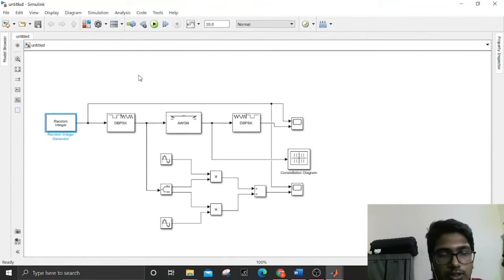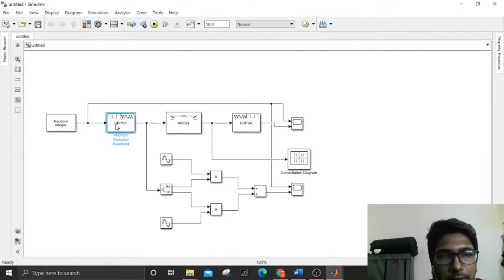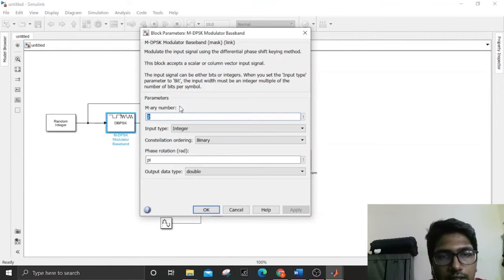Before we run the simulation, we need to set the values for each block. For instance, for random integer block, we need to set the set size as 2 that's stated in our assignment. For DBPSK, the M-array number will follow the set size, and the input type is integer, constellation ordering is binary, and phase rotation is pi, and output data type is double.